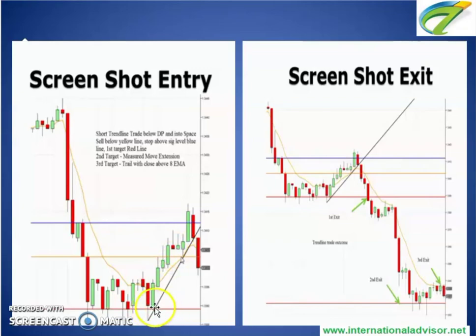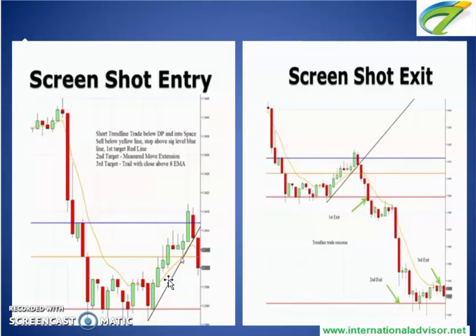We have first profit target T1 here, and after that we have second target. It's a complete measured move. After that the extension, and still we can go for third target here, and we can trail it with the 8 exponential moving averages.